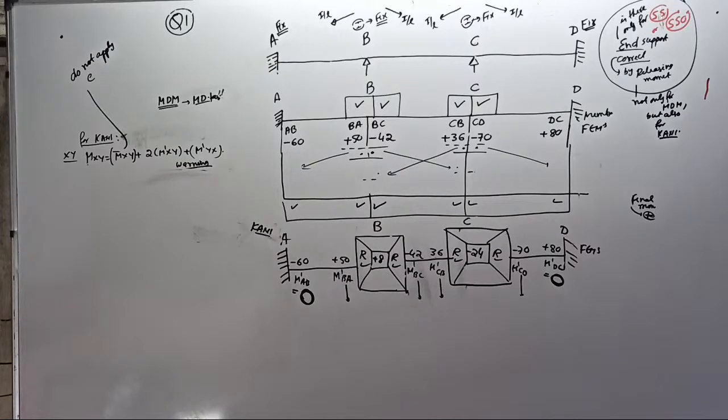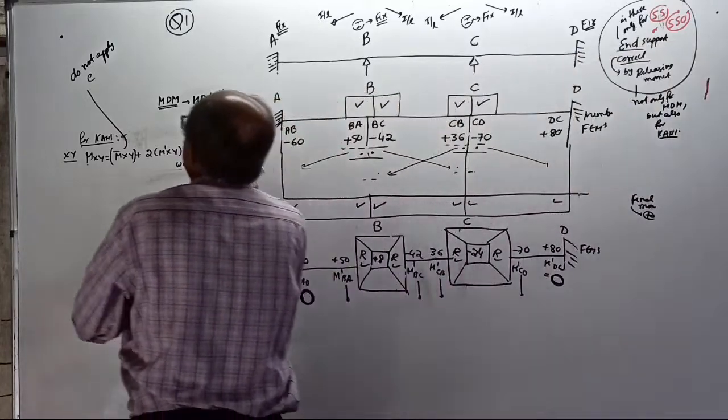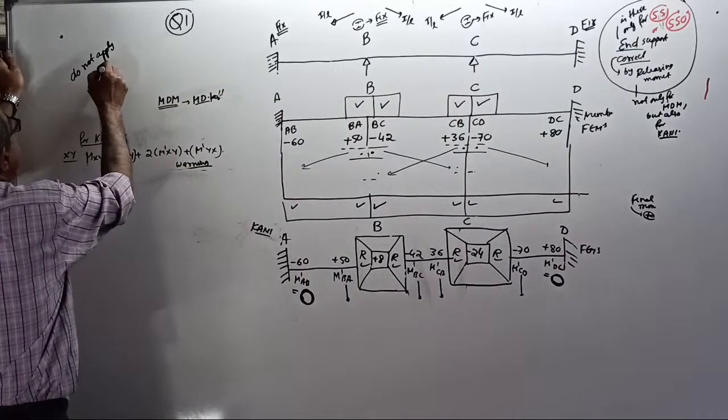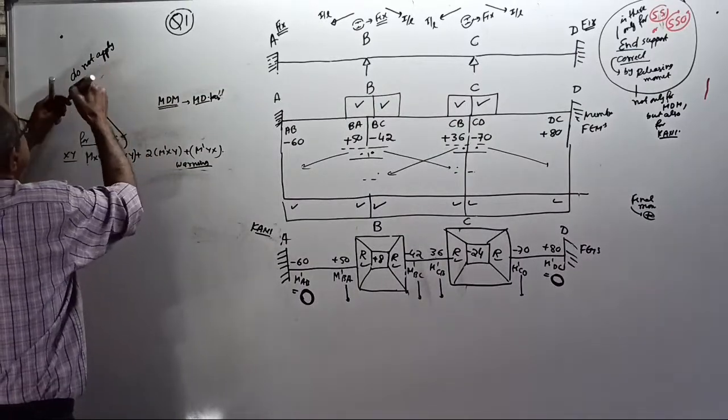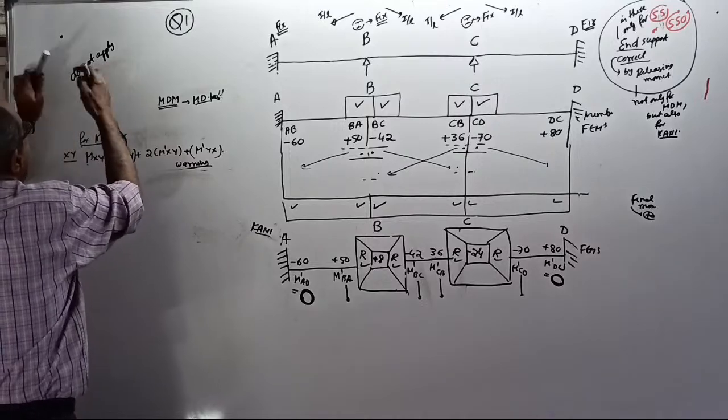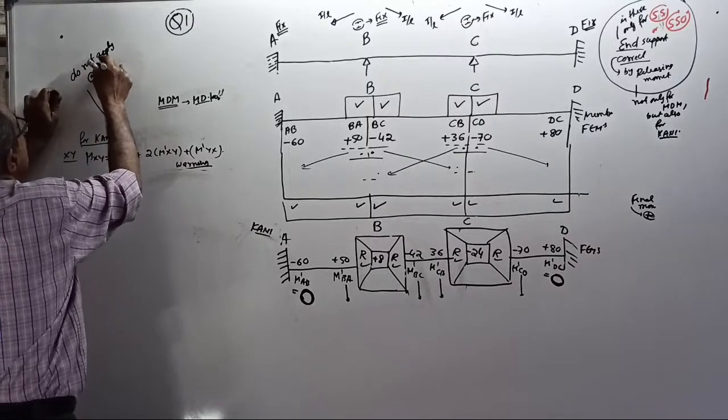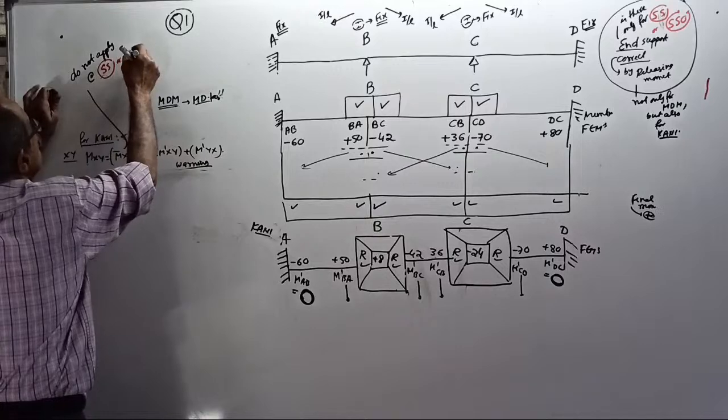I told you, if you apply, wrong value will come, because I proved it in the class also. Do not apply this formula for either simple support or simple support with overhang.